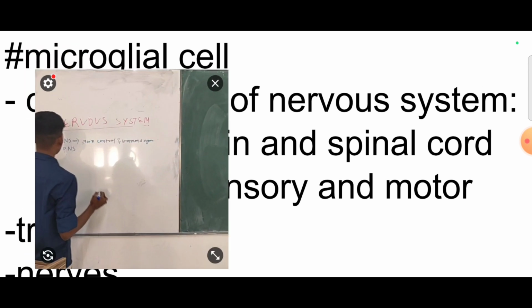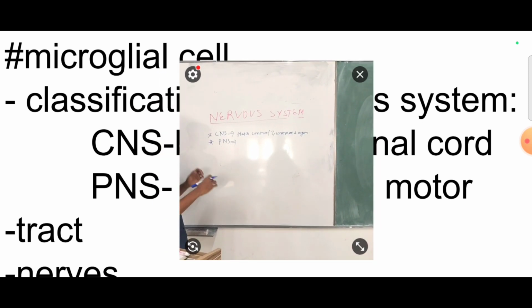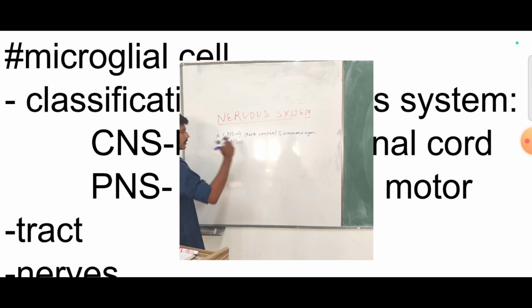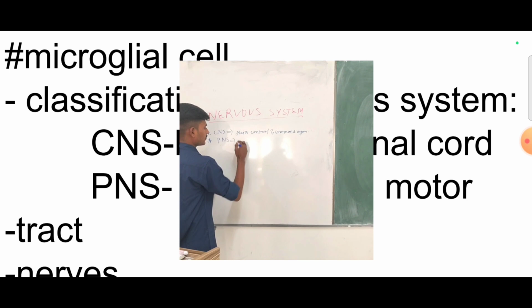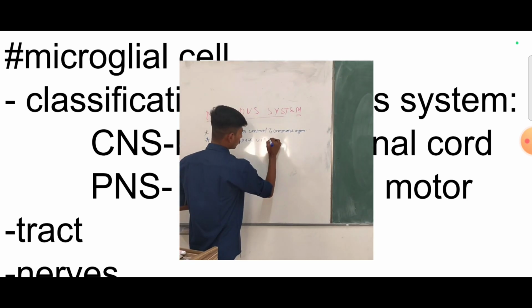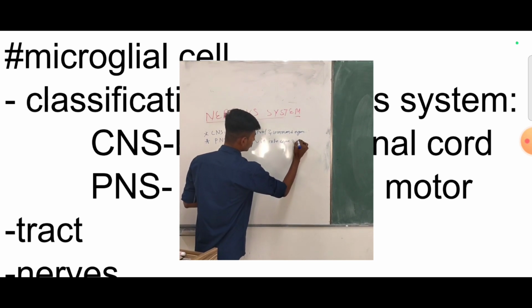Clear? Now the peripheral nervous system is a medium, a route via which information comes and goes out.